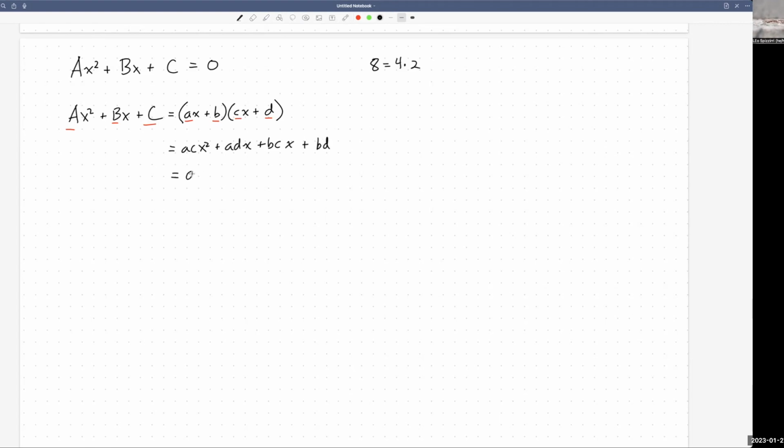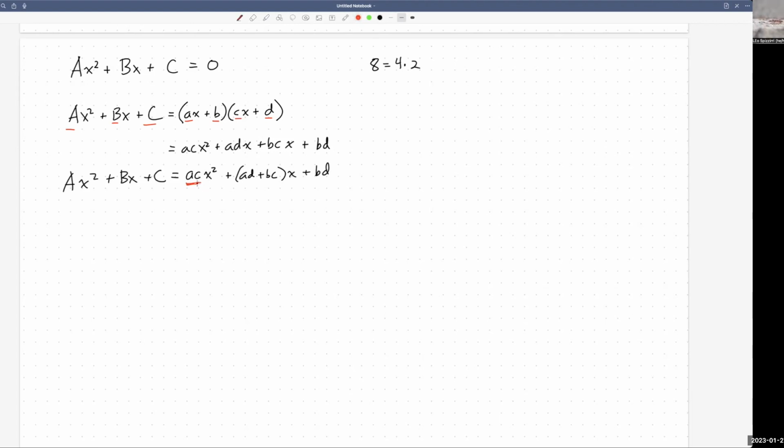So let's do a little work here. We've got acx squared plus adx plus bcx plus bd. Okay. So this is all still equal to what we have on the left.